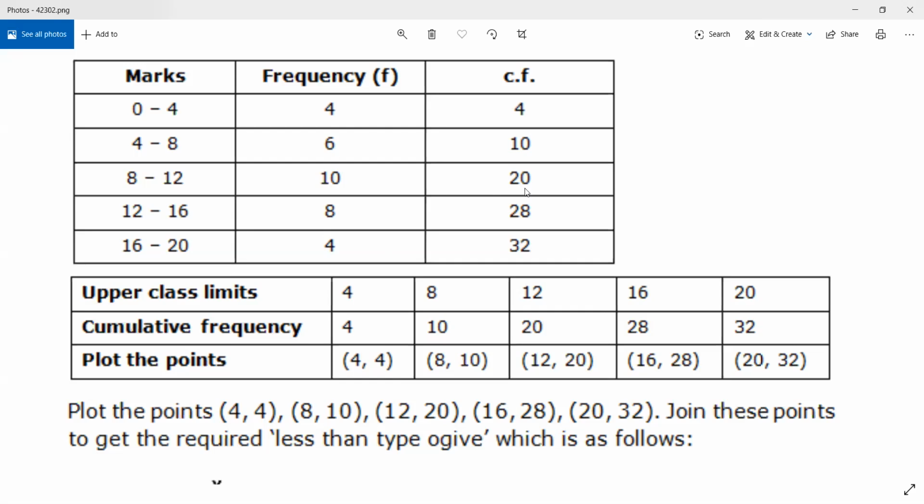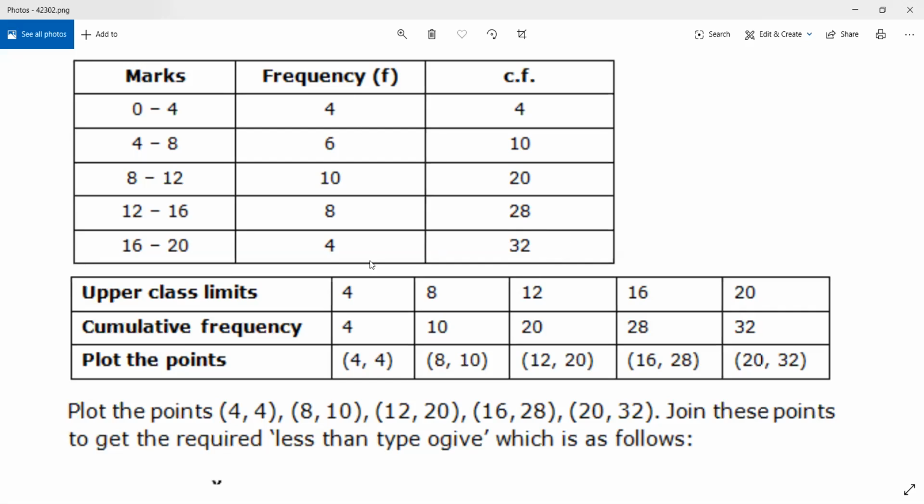Even though individually, the number of people who got 8 to 12 marks is 10, if I ask how many people got marks below 12 or up to 12, I can tell that it is 20. If you keep on accumulating this, you'll get the total frequency number, which is 32.